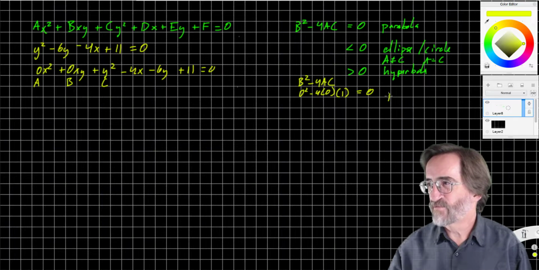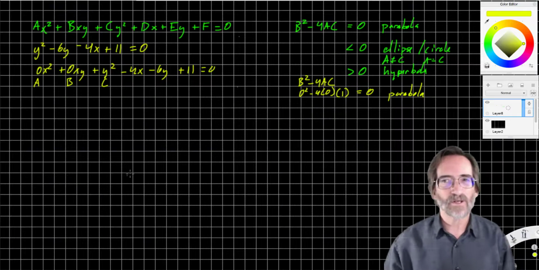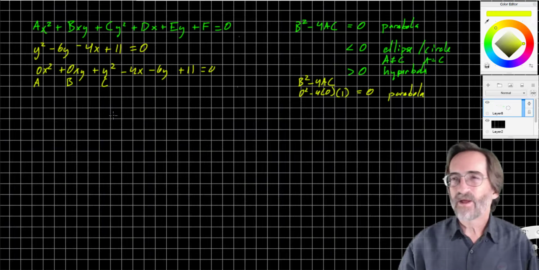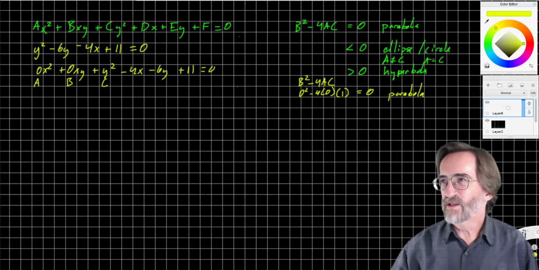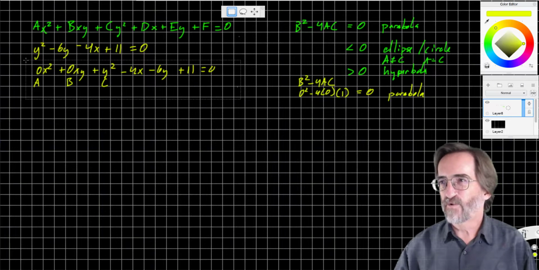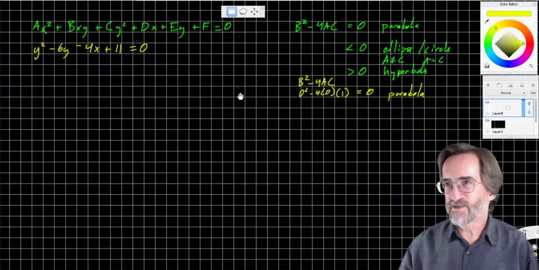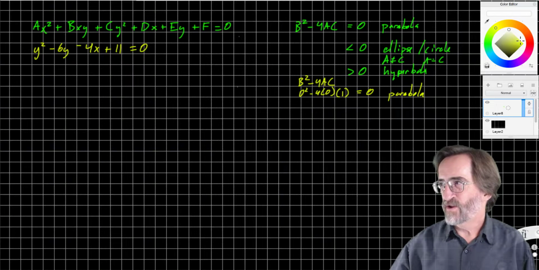So this is a parabola. But the true hint here was that there is a y squared term but no x squared term. All right, so let's take this parabola and convert it from general form to standard form for a parabola. I haven't told you yet what that is, but we'll bring it out here.